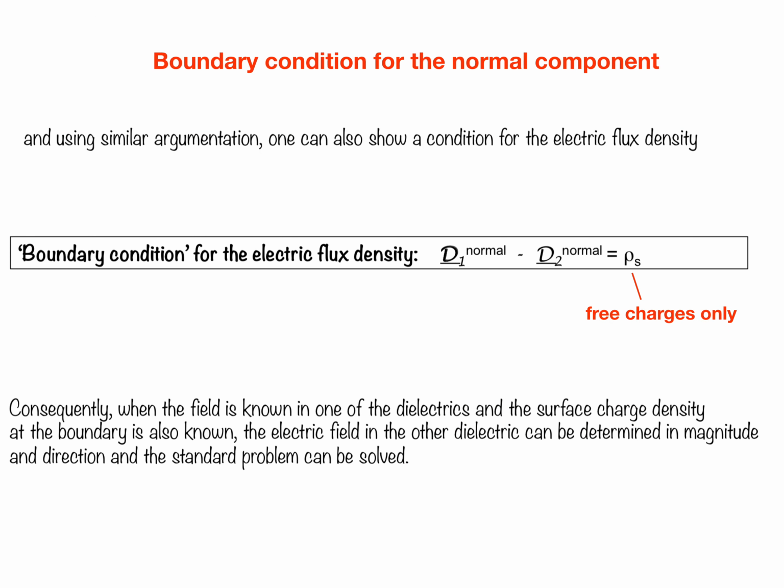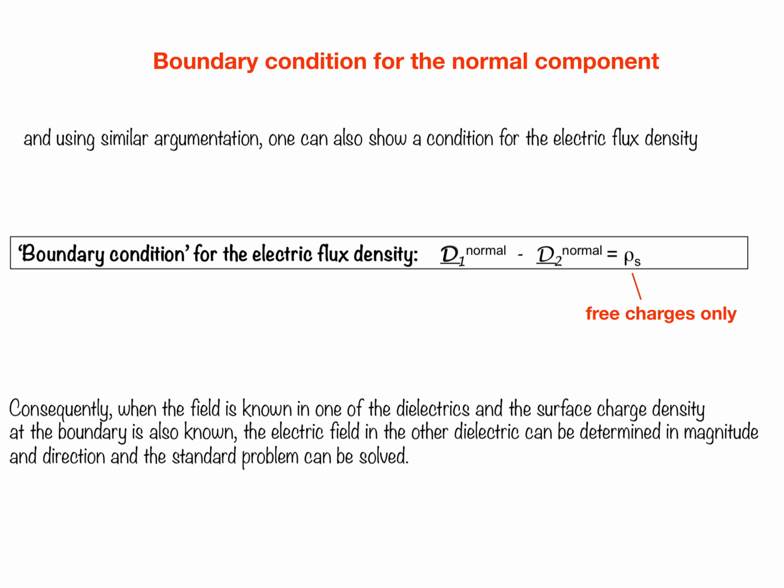And using a similar argumentation, namely by compressing the virtual Gaussian cylinder, one can also show a boundary condition for the normal component of the electric field, specifically for the electric flux density. This boundary condition is that the difference between the normal components of the electric flux density in medium 1 and medium 2 has to equal the charge density of the free charges on the boundary, ρs.